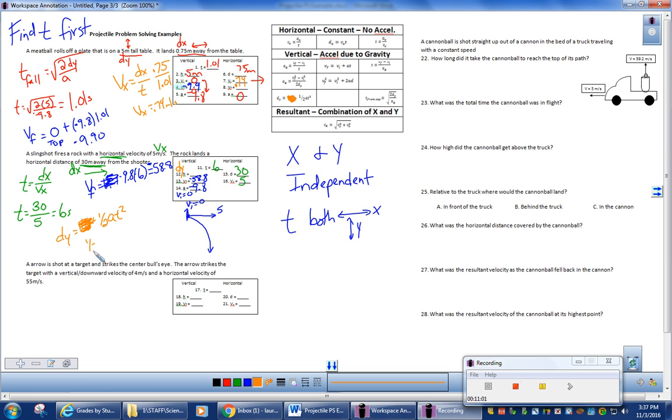So 1/2, or if you prefer, 0.5 times my negative 9.8 times my time squared. This comes out to show me that my slingshot fired that rock 176.4 meters into the air.